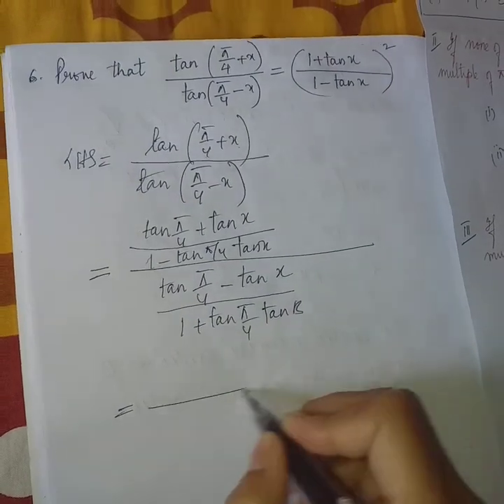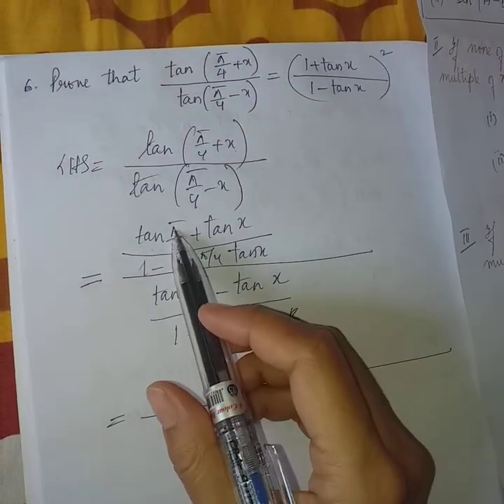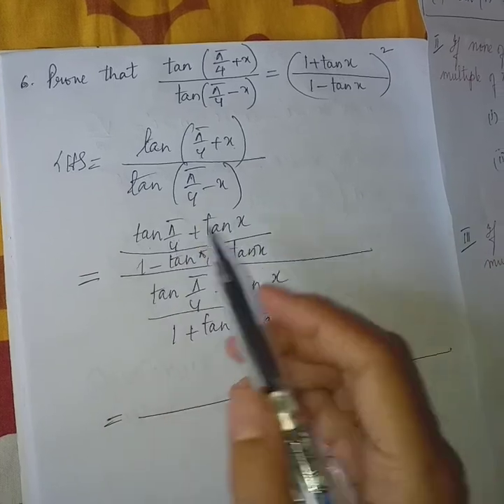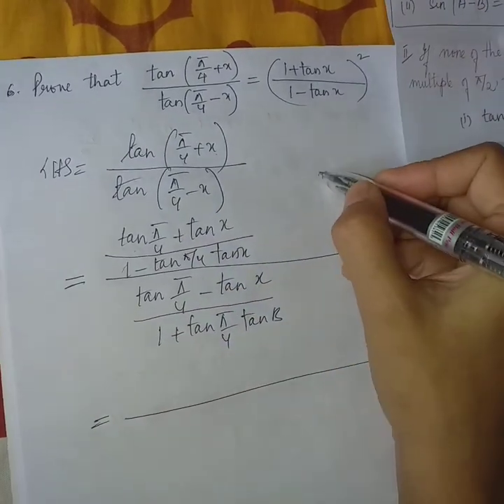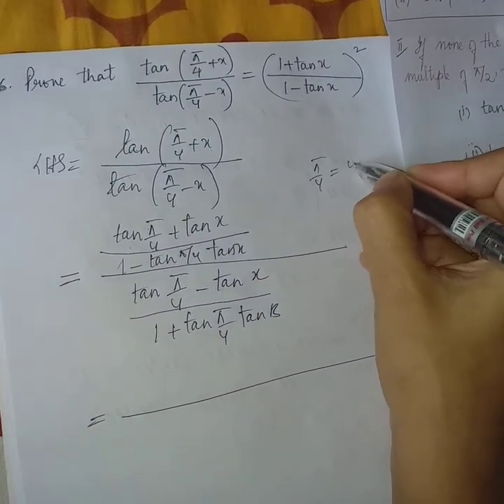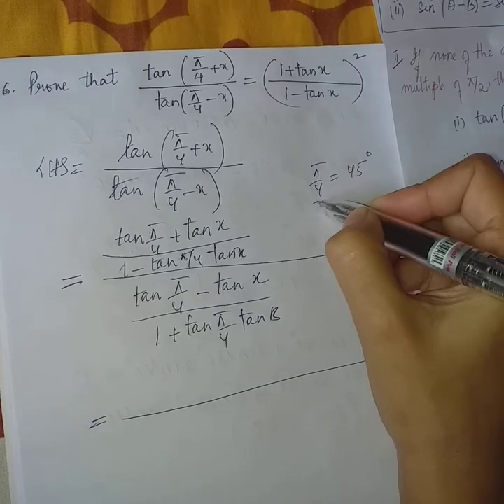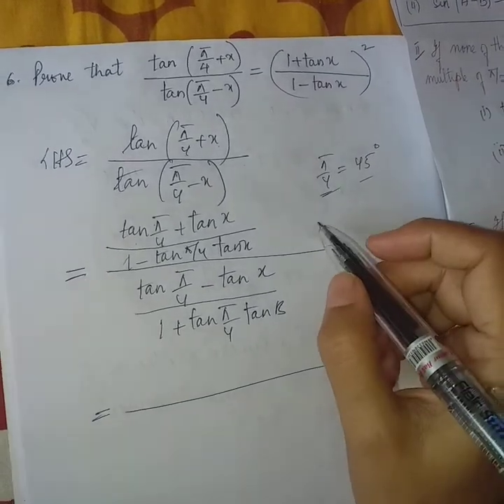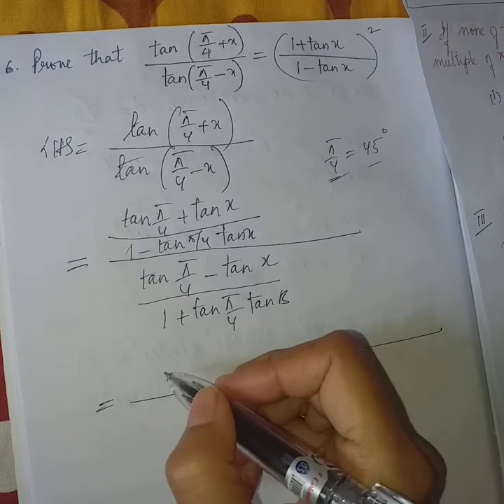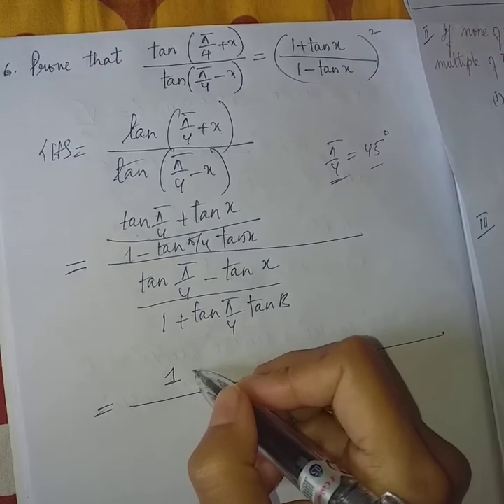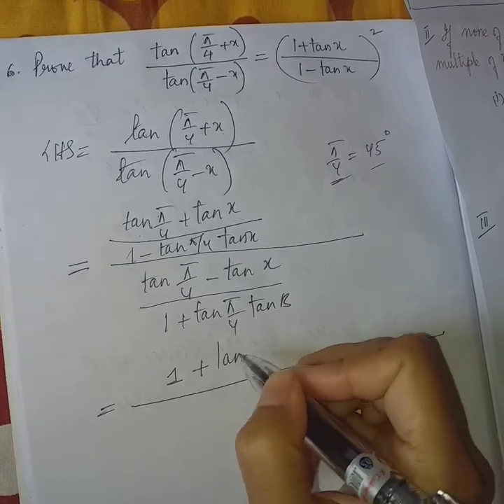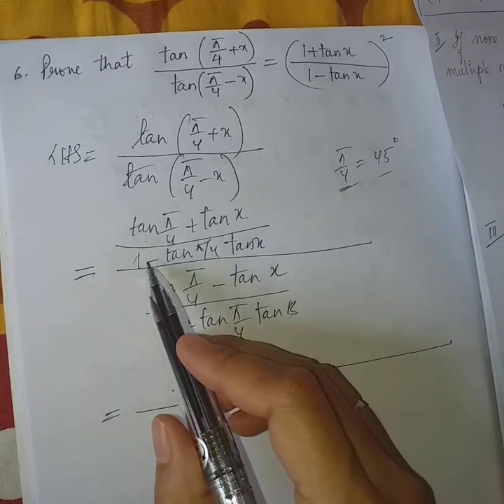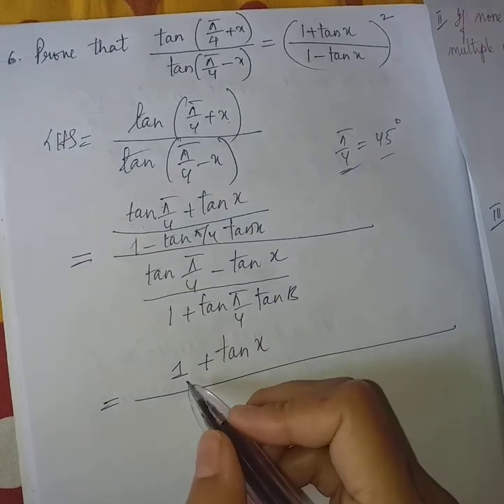So now we put the value of tan pi by 4. Pi by 4 in radian is 45 degrees in degree. So we know tan pi by 4, the value is 1. So 1 plus tan x. Now let us keep this in the denominator.